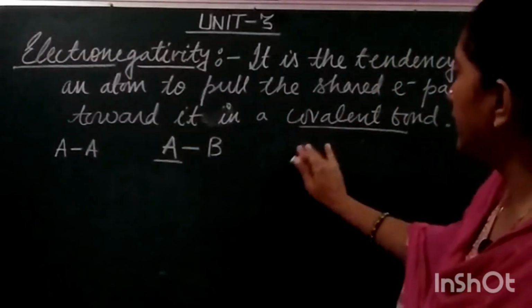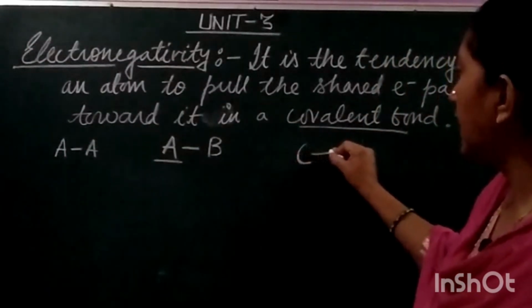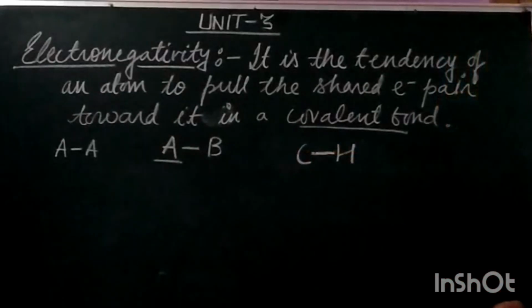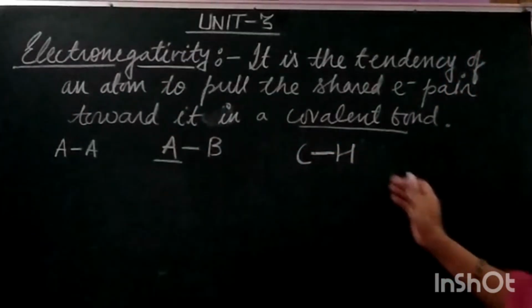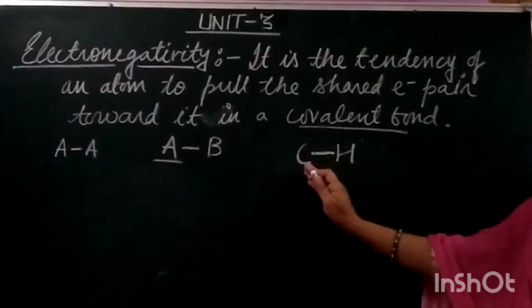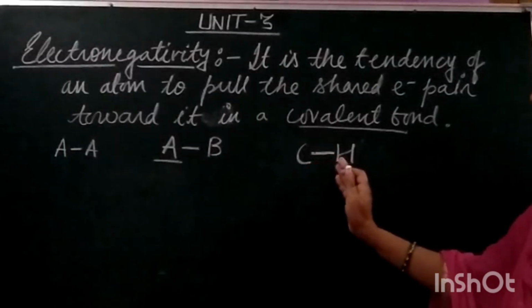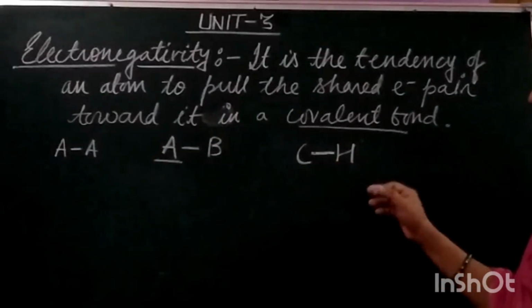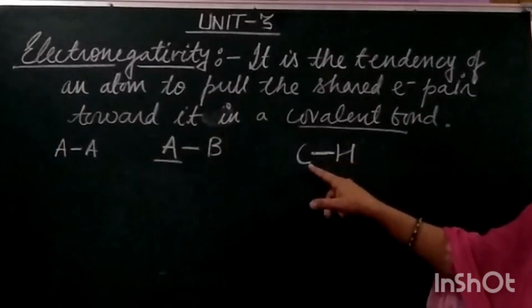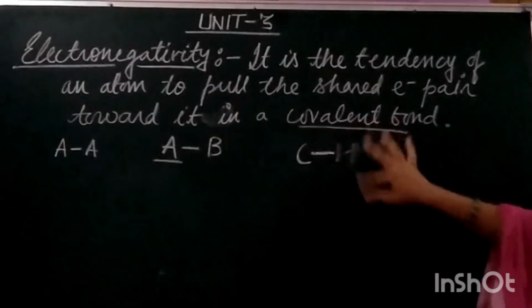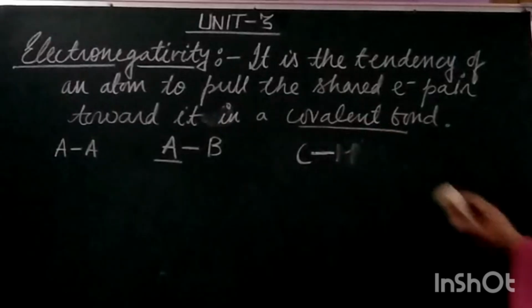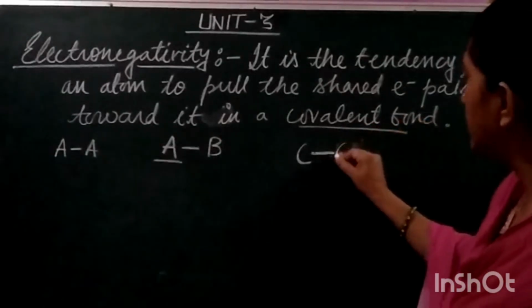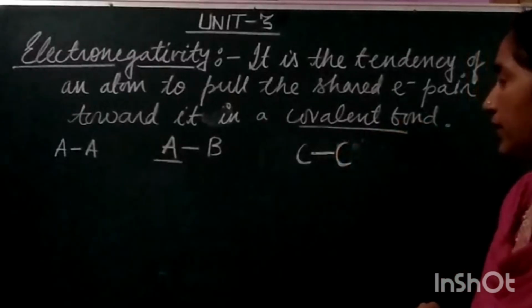For example, if we take carbon and hydrogen, a simple example I am taking here, let a covalent bond be formed between C and H. Now if we compare the two, definitely here the carbon, okay, now let's take the example first of homoatomic here. So here if we have a C dash C bond, right?